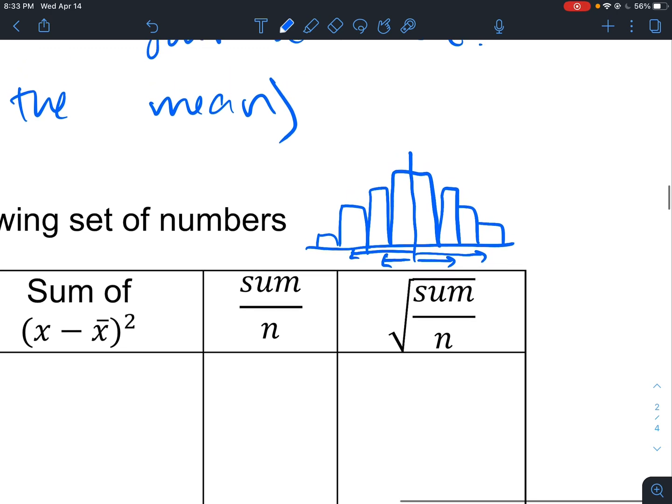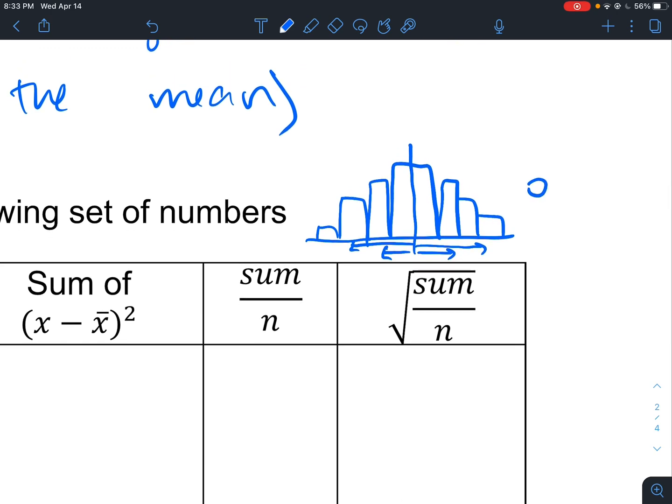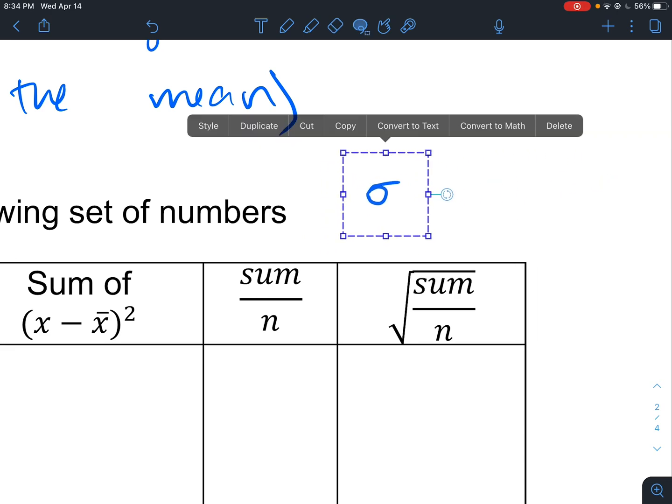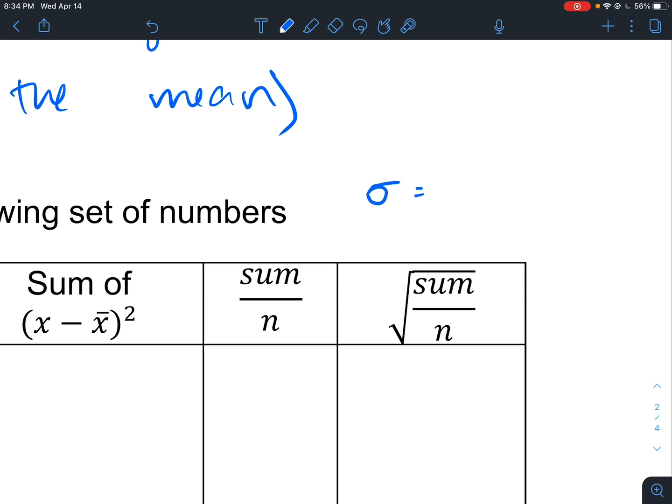Now, standard deviation is denoted with this Greek letter, I think it's called sigma. Now the equation for this is as follows: the square root of the sum of x minus x bar squared, divided by n.